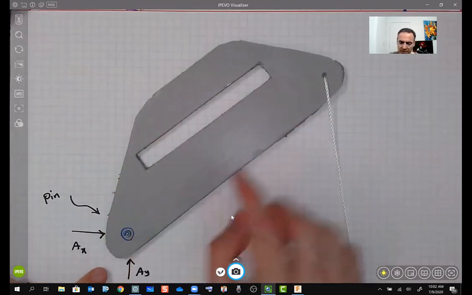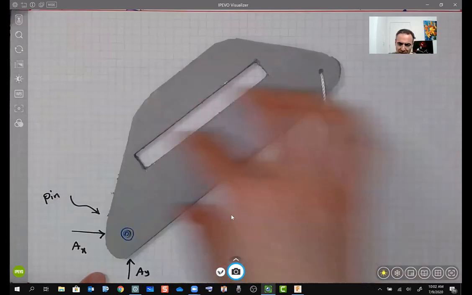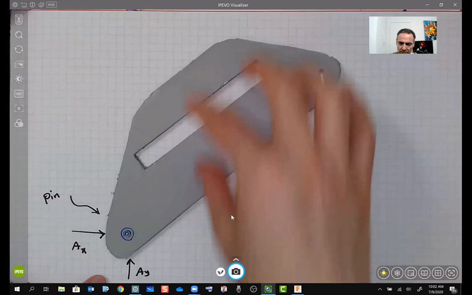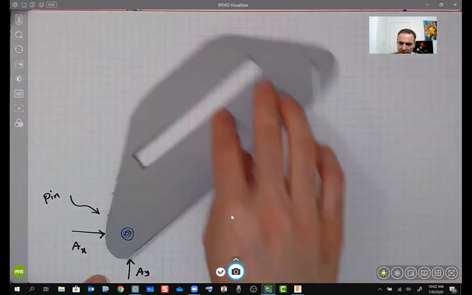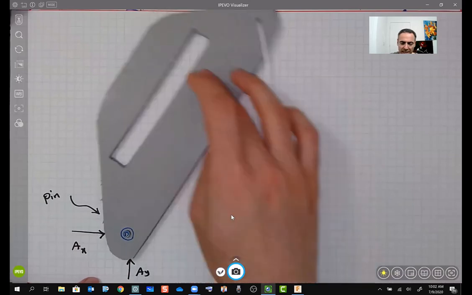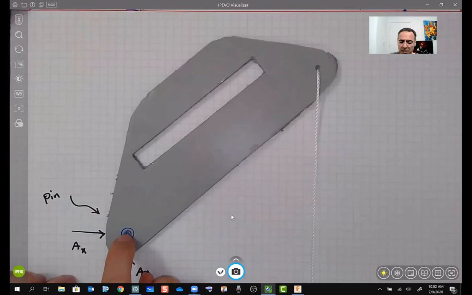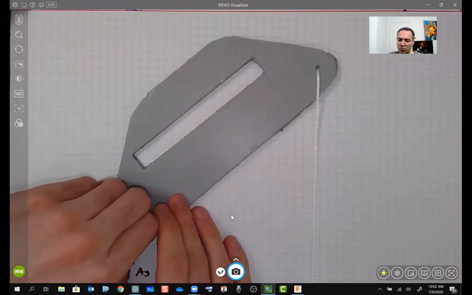This pin is only responsible for not letting us move these things left and right or up and down. It's not its responsibility for rotation. And as you can see, I can easily move it. So when you look at one support, look at it individually, isolate it from the rest and ask, what is its responsibility?